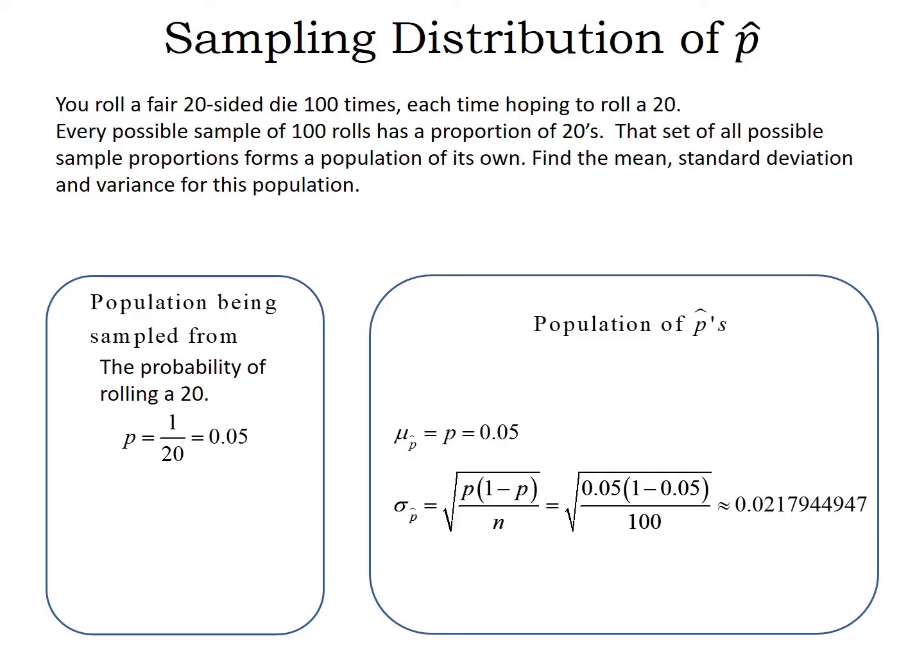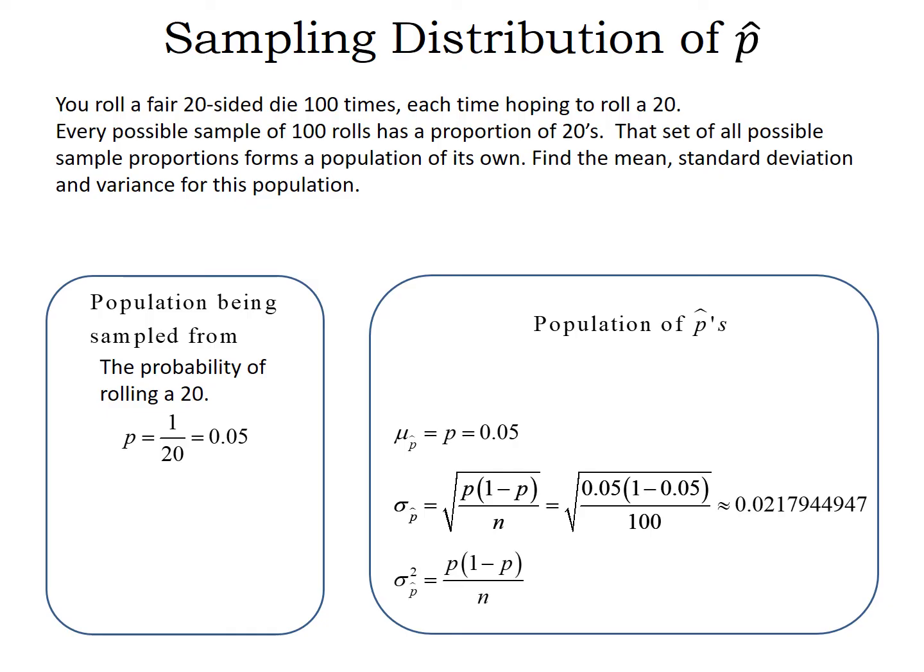And here's the decimal approximation. And again, that is saying how far on average the p-hats will be from the true probability of 0.05. So some sample proportions will be higher than 0.05, some will be lower than 0.05. How much higher or lower? Well, on average, about 0.02.